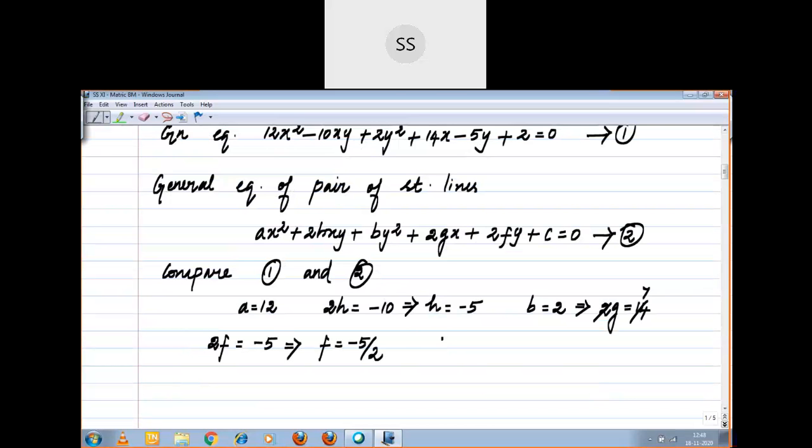Next, the constant in the general is c, in the given equation it is 2.